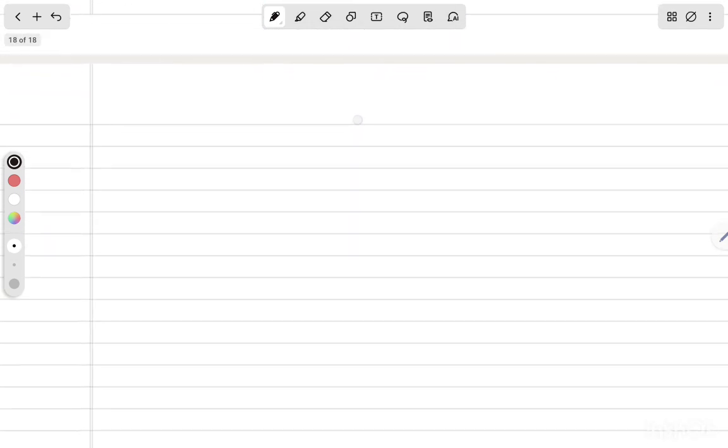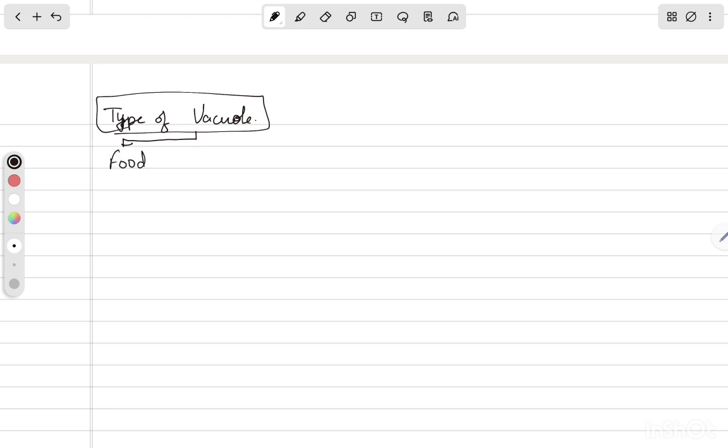Next is types of vacuole. How many types of vacuoles are present in a cell? Different types of vacuole. So it can be food vacuole, which is used for engulfing food particles. Then it is contractile vacuole, and it is sap vacuole.